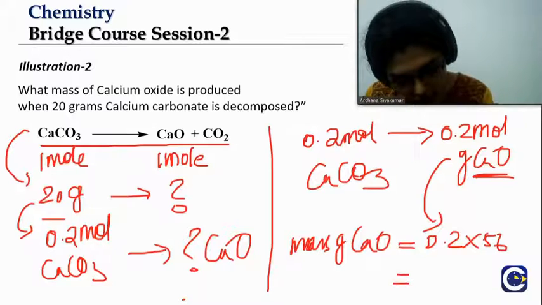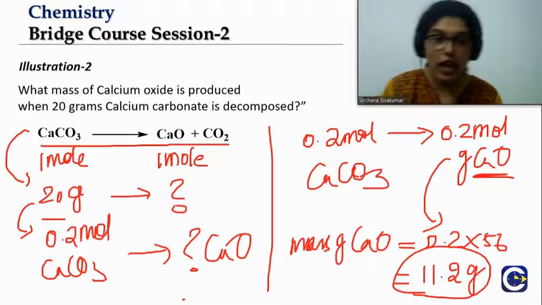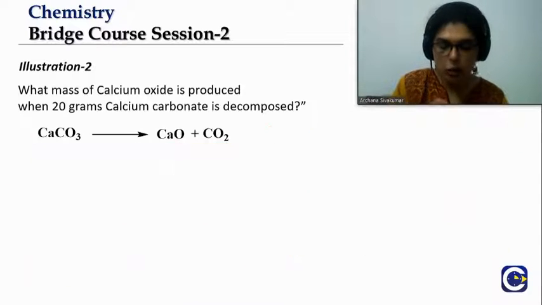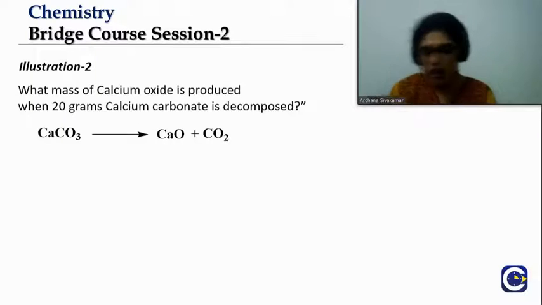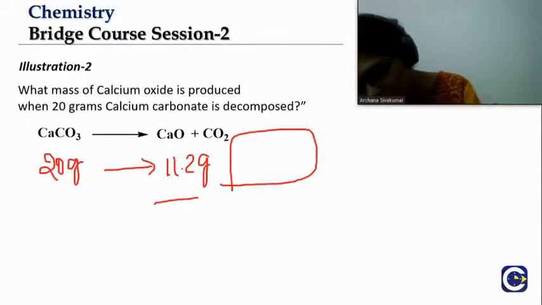So I will get 11.2 grams. So if 20 grams of calcium carbonate is used, 11.2 grams of calcium oxide will be released. If they had asked for the mass of carbon dioxide also released: 20 grams of this gives rise to 11.2 grams of this. So what is the remaining weight according to the law of conservation of mass?